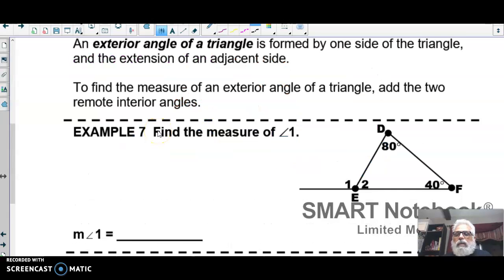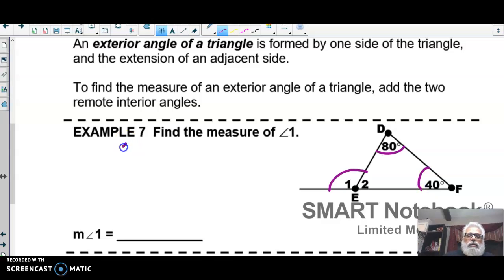Now, the other problem that we run into when we deal with triangles is the exterior angle of a triangle. When we talk about that exterior angle, it's the one that is right outside, adjacent to, but right outside of the triangle. That guy right there. Now, what's nice about this one is this exterior angle is equal to the sum of the two remote angles. So if I add up these two, it is going to equal that.